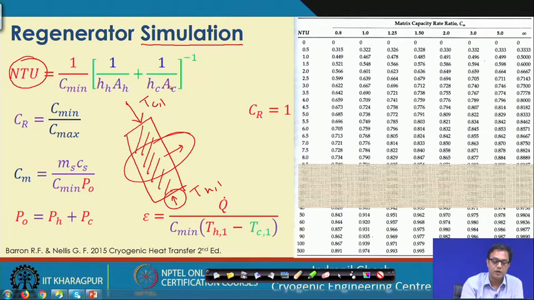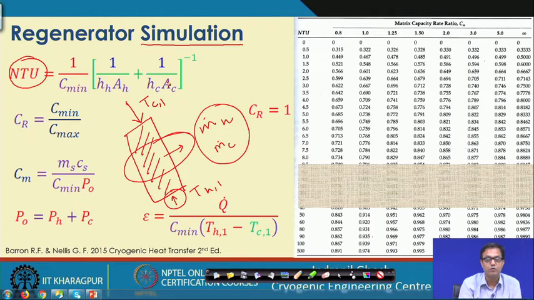Then the heat transfer coefficient can also be obtained because we know the hot fluid flow rate and cold fluid flow rate. So, from there we would be able to calculate the heat transfer coefficient, and since the geometry is known, we also know the heat transfer surface area. So, accordingly we would be able to calculate the NTU.